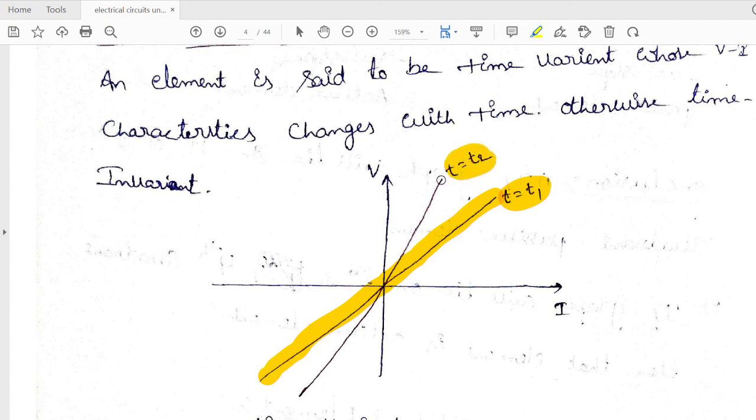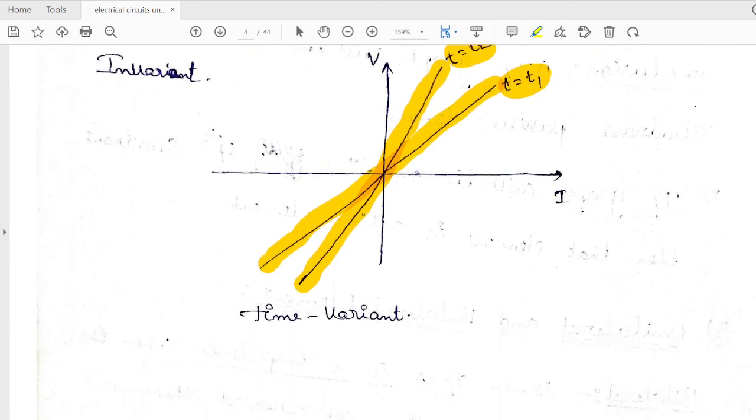If I draw the curve, I am getting another curve which is changing, means the VI characteristic has now changed when I change the time instant. So if the VI characteristic is changing with time, then it is said to be time variant. So the element which is offering this kind of characteristic is said to be time variant element. Okay.